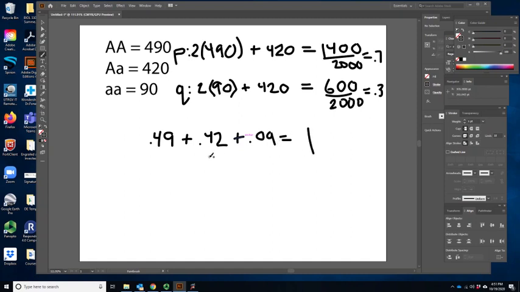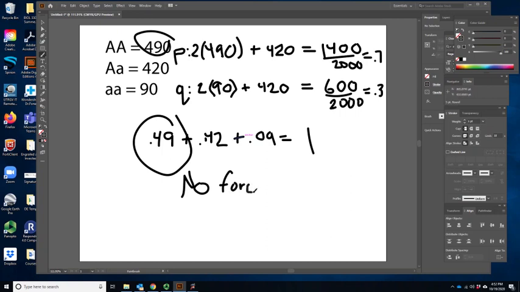Now we're going to compare back. Now, just like last time, all of our predictions, 490, sure enough, 0.49 or 490 out of 1,000. 0.42 or 420 out of 1,000. 0.09 or 90 out of 1,000. Yep, everything matches. So again, we have no force. So there's no evolutionary force acting on this allele.